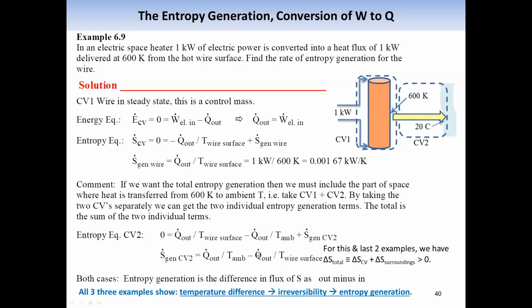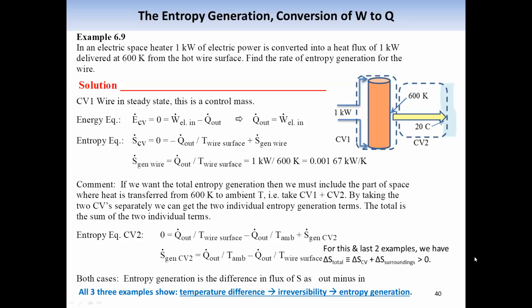In the steady state, these two Q terms have the same absolute value. The ambient temperature is lower than the wire surface temperature. Therefore, the right-hand side of this equation is always positive. So for both control volumes, we have positive entropy generation terms.